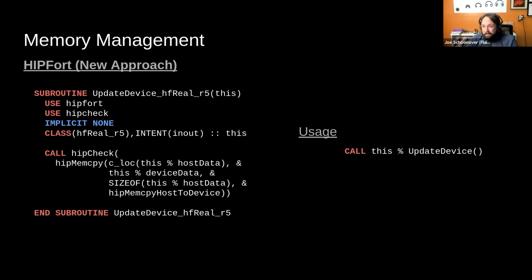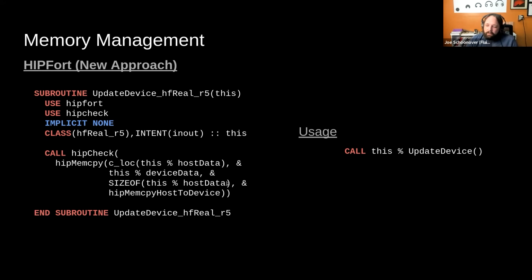Now, there is a recent development as of a couple of months ago. We haven't propagated it through SELF yet. They have added support for Fortran pointers, but for reasons that will become clear in a few slides, I've been hesitant to do that. But if you were to use the Fortran pointers, it does shorten this up a bit. You don't need the C loc call anymore.